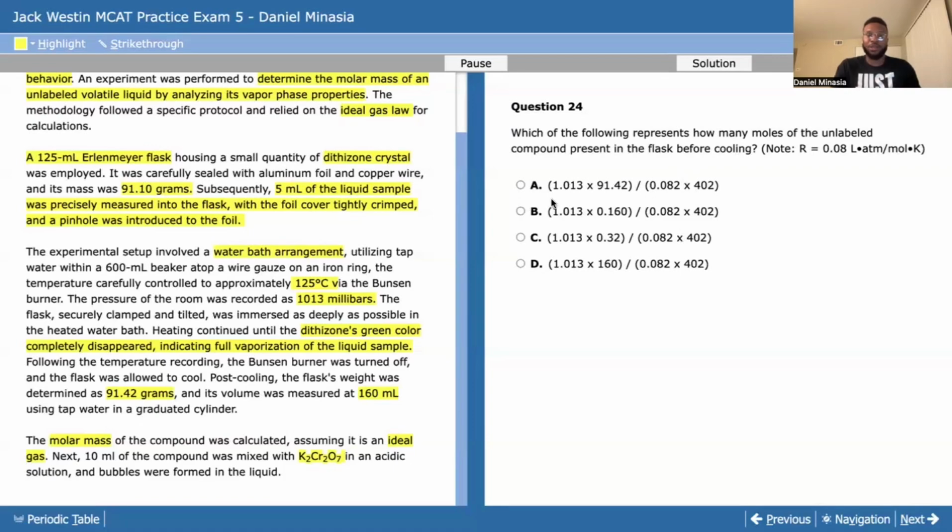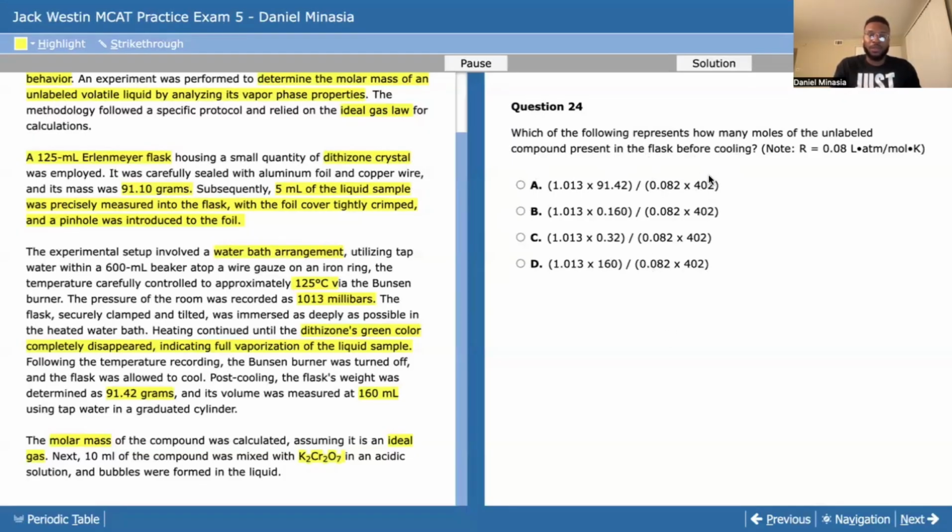So I'm going to try to deduce it just from the values here. This 402 looks like, to work backwards, this is T, our temperature.